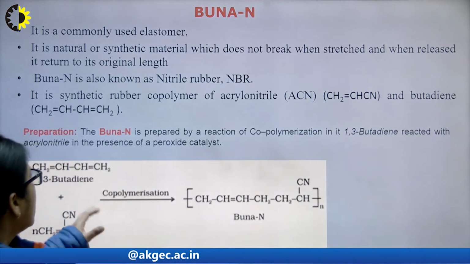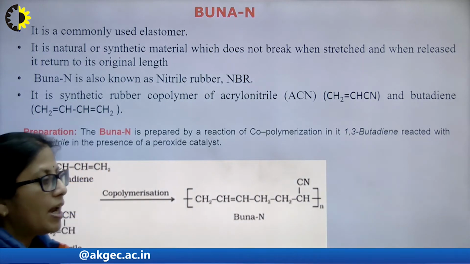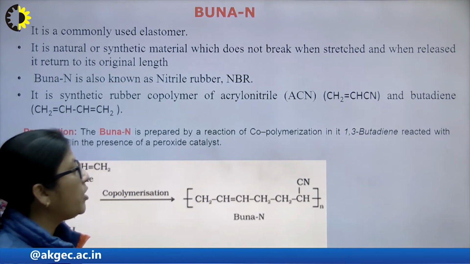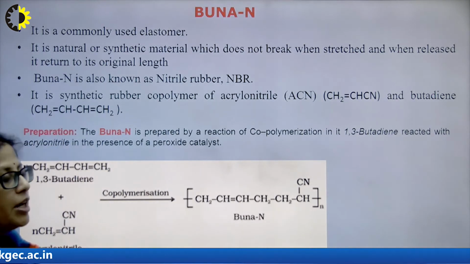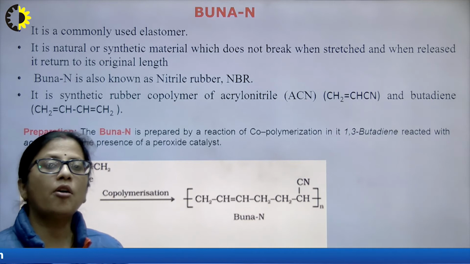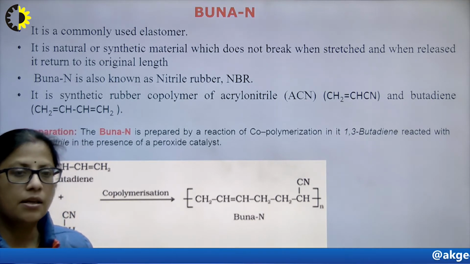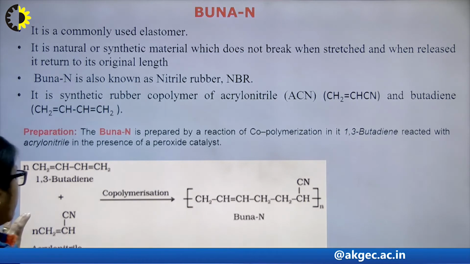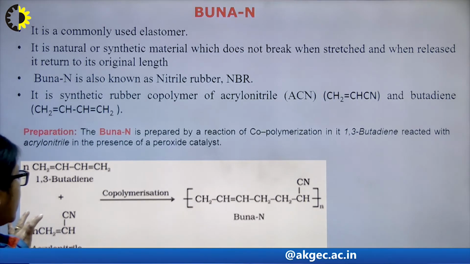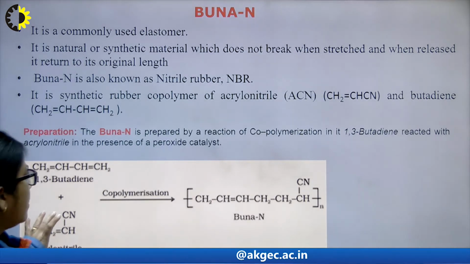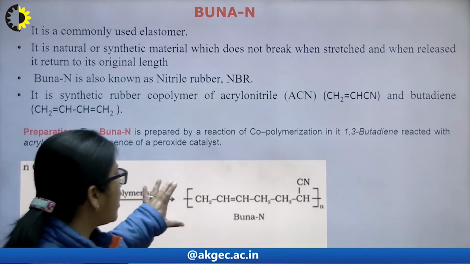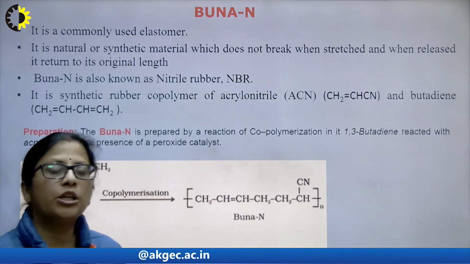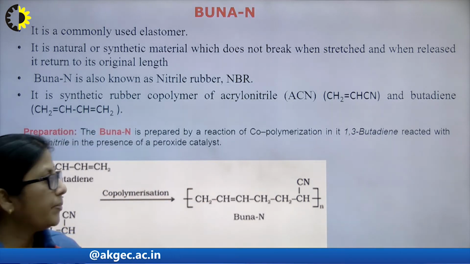It is prepared by the copolymerization of 1,3-butadiene with acrylonitrile, again in the presence of a peroxide catalyst. So here I have taken 1,3-butadiene and this molecule CH2=CH-CN, which is acrylonitrile. They both undergo copolymerization and this resulting molecule is Buna N.